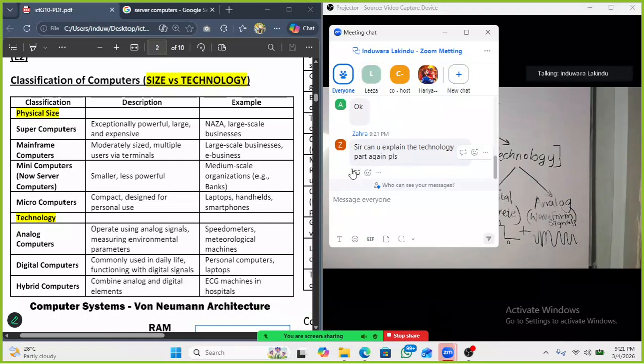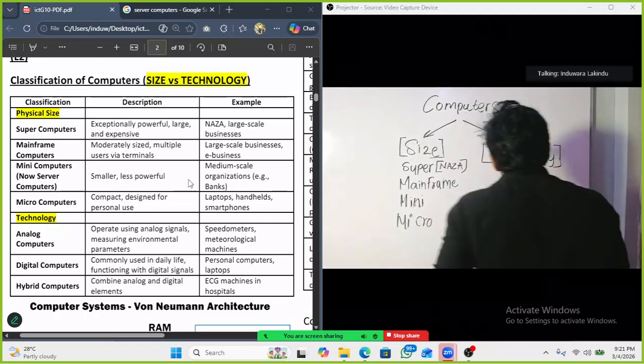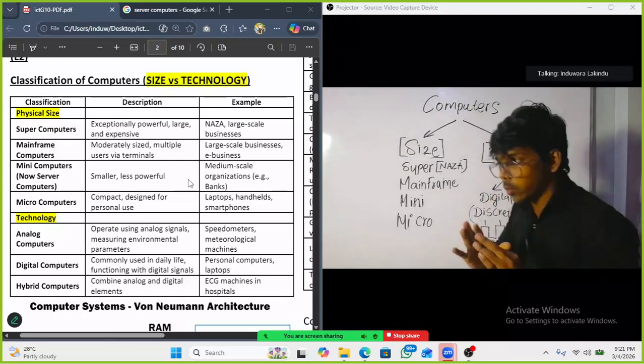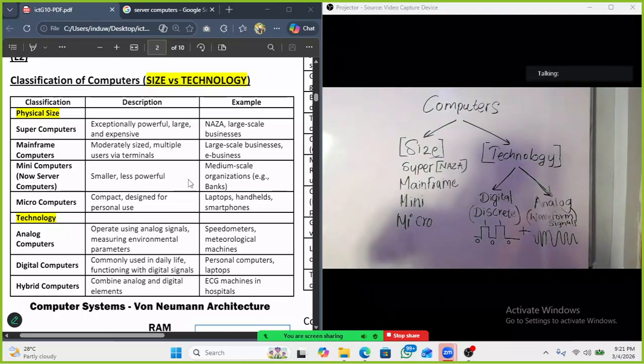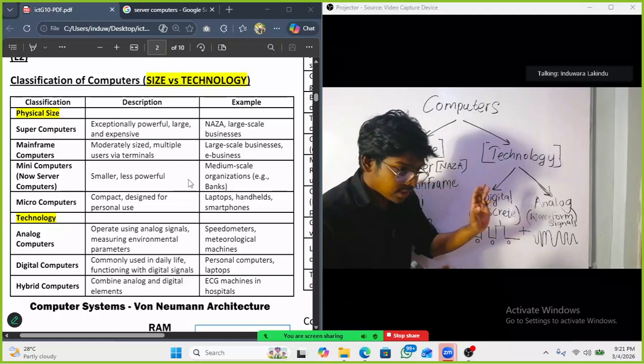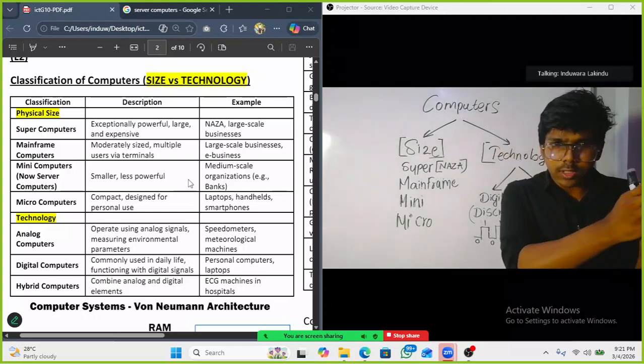Sir, can you explain the technology part again? Okay, sure. Based on the technology, we have two technologies mainly: digital and analog. Actually, these are signals, both analog signals and digital signals.